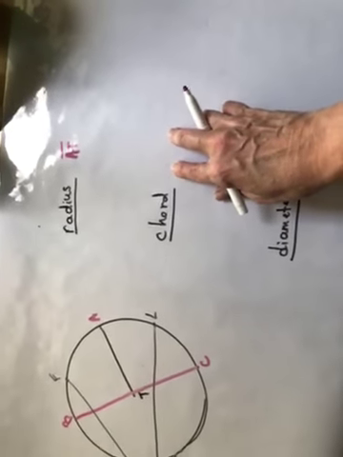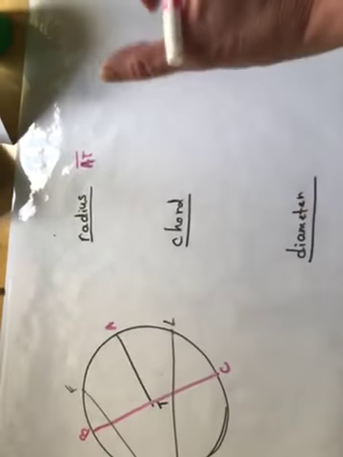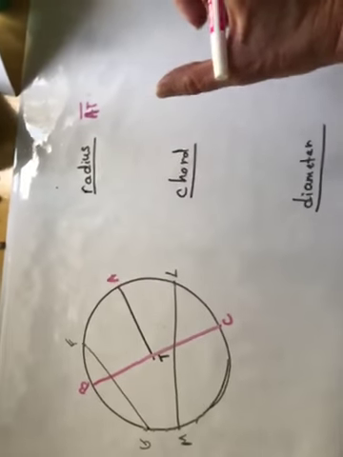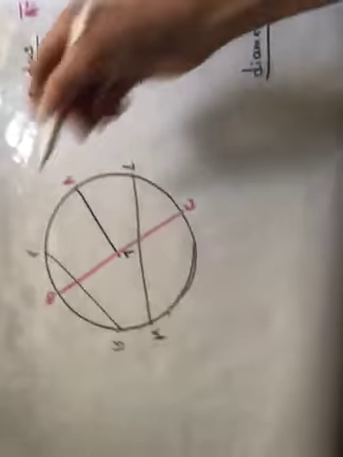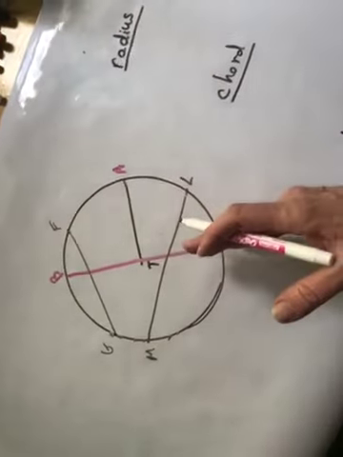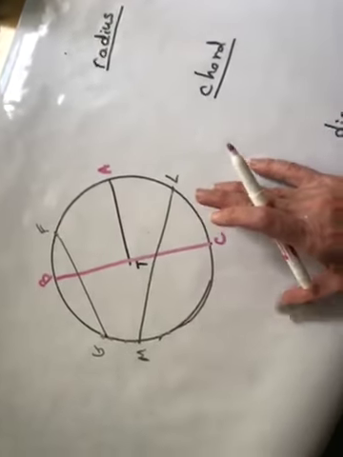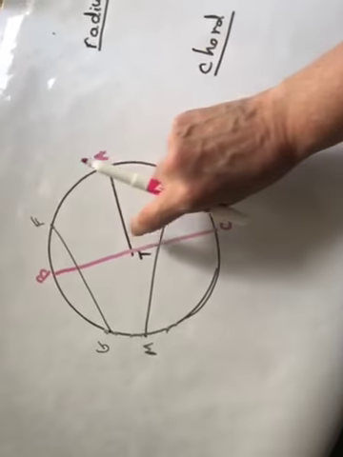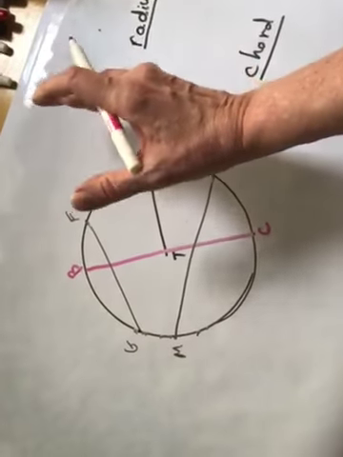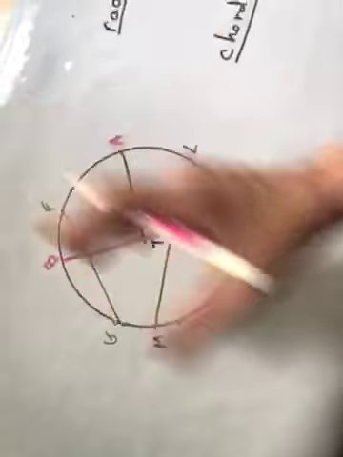The chord is a segment whose endpoints are both on the circle. So the line segment has endpoints on the circle. So any line segment that is going from one side to the other, like you're cutting cake or a pizza, you're cutting chords actually. If I'm going to the center, it's a radius. But if I'm going to divide up a pizza and slice it top to bottom, left to right, I'm making chords.